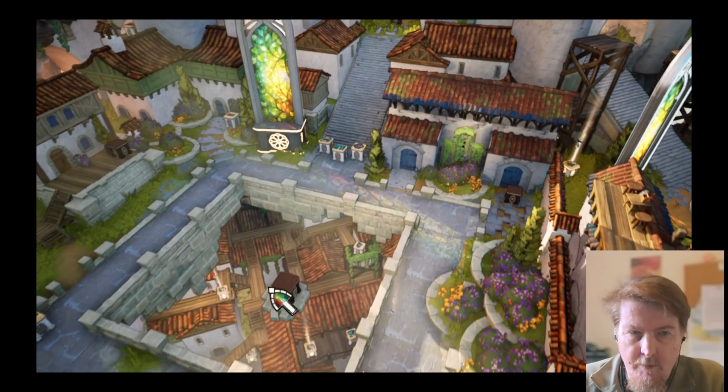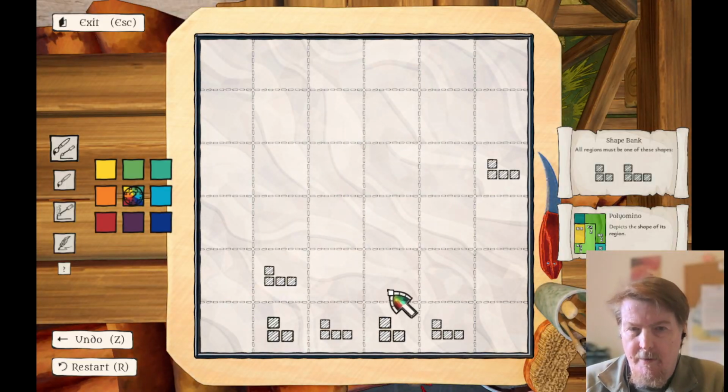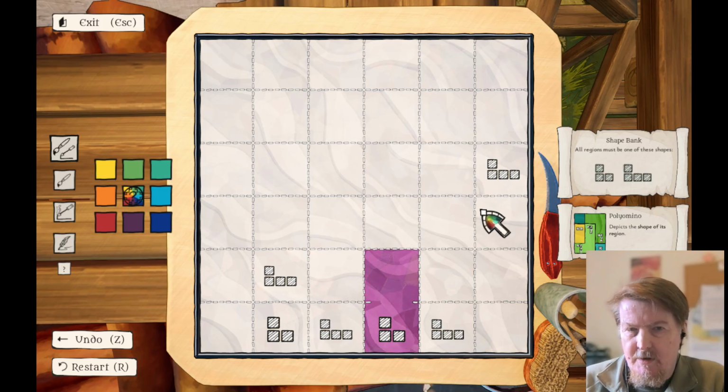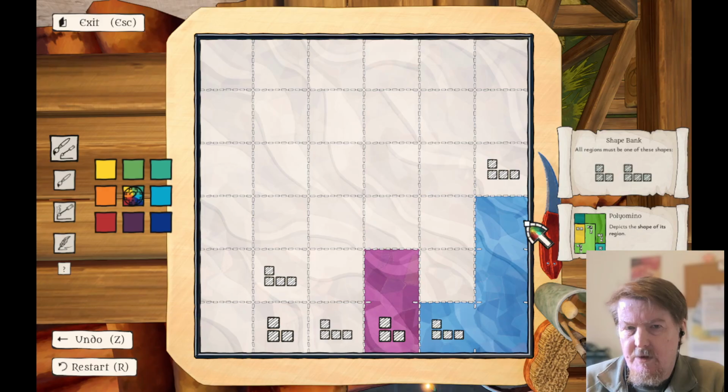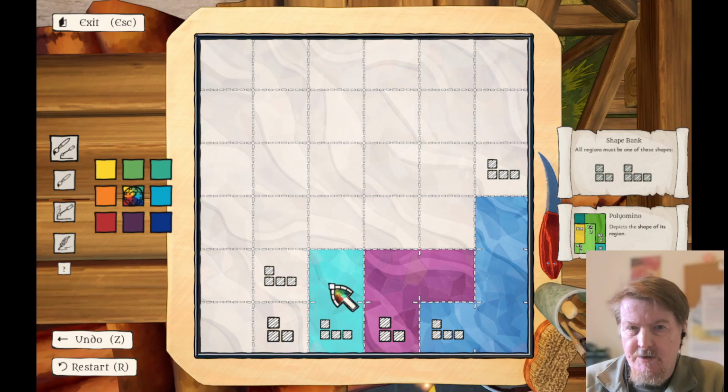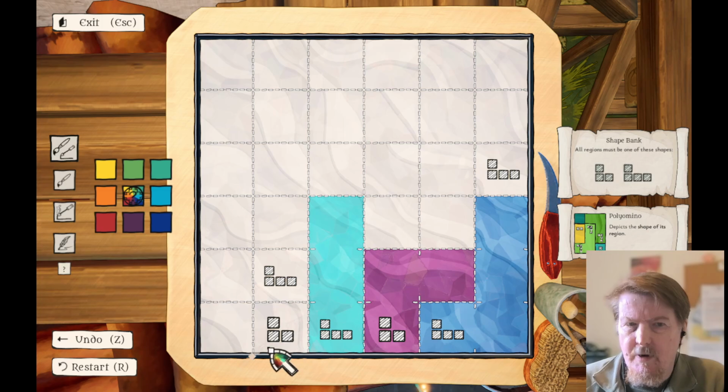5 more. Then it has to go either left or right. This, I think, is going to have to go that way. This one has to go 3 and then either left or right.